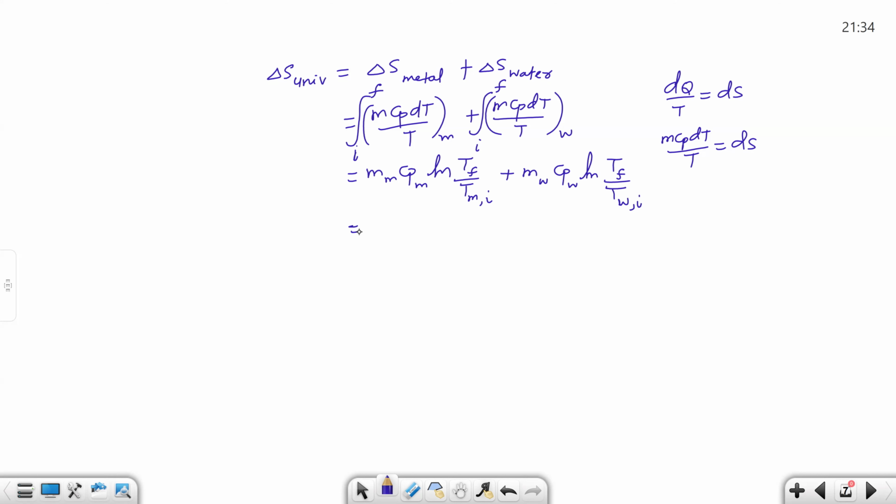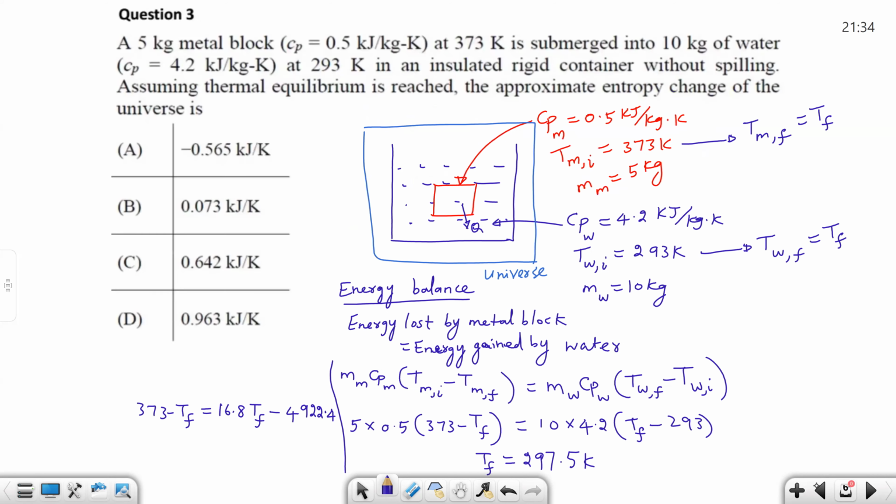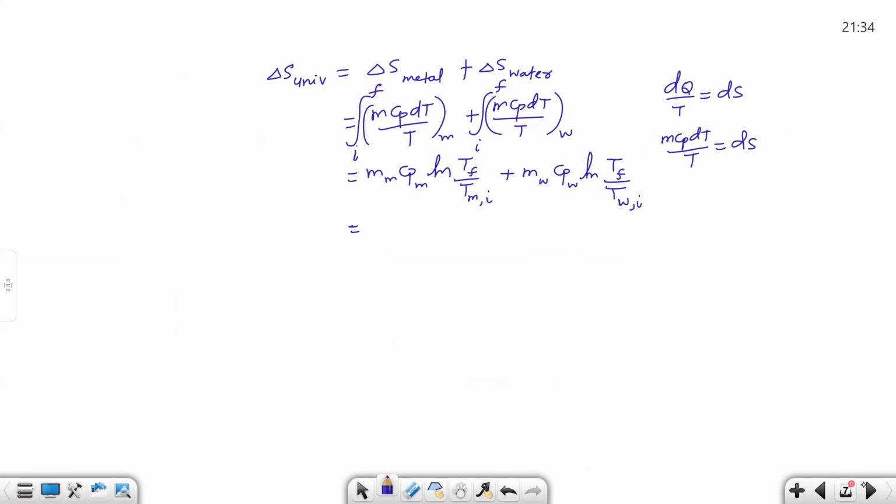Now substitute all the values. Mass of the metal block 5 kg, Cp is 0.5. Since you are substituting Cp in kilojoule per kilogram Kelvin and mass in kilogram, you will get kilojoule per Kelvin.